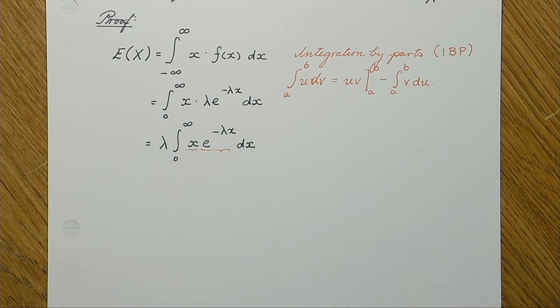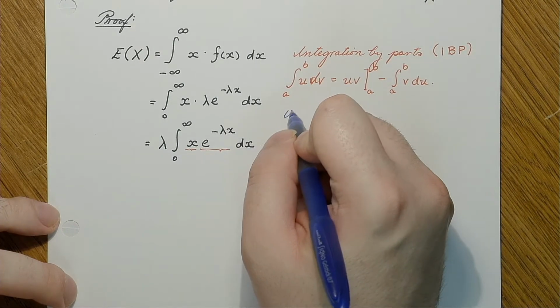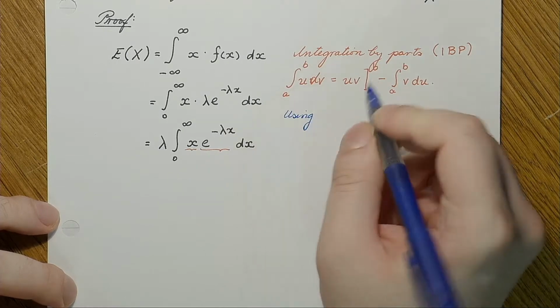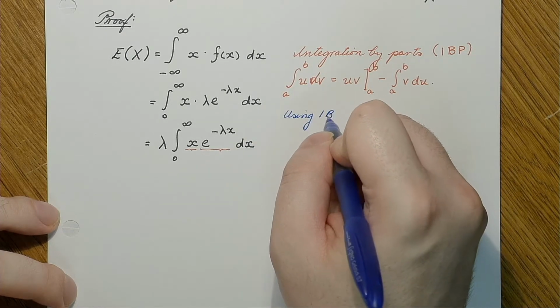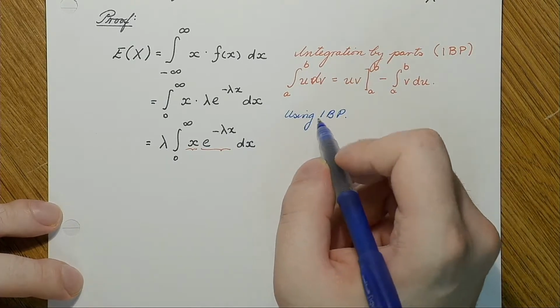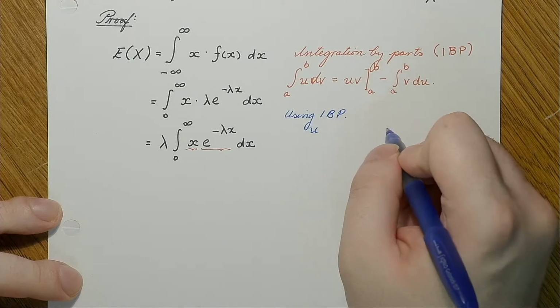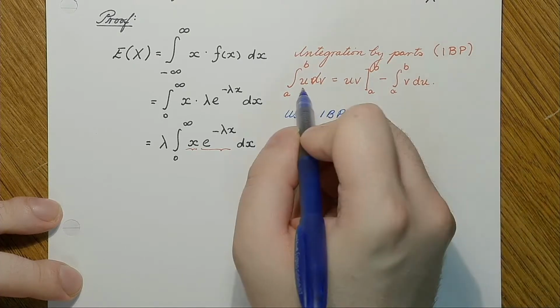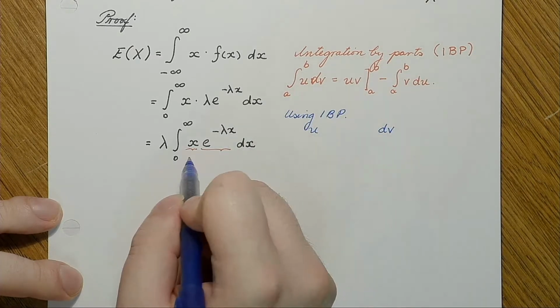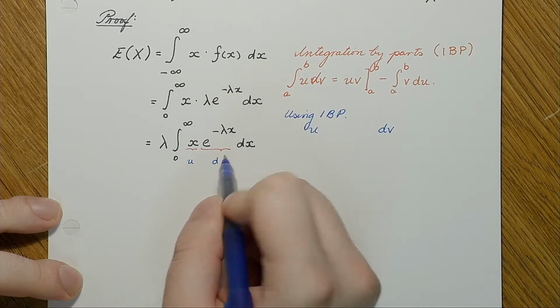So I'm using the integration by parts. I'm going to have my two functions. Again, I have my u and my dv. So this is going to be my u, and over here will be my dv.